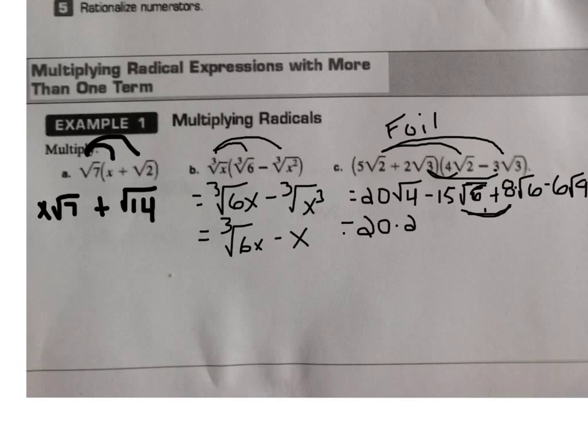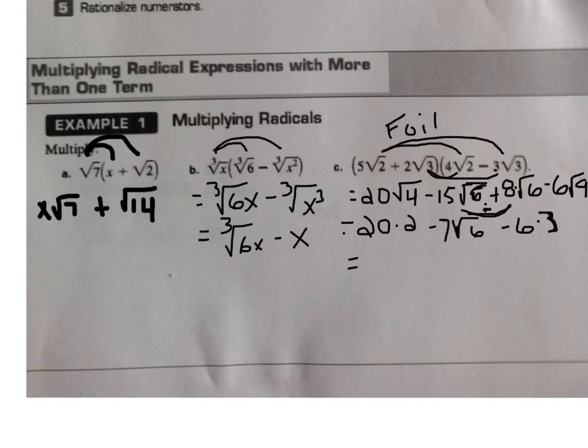That's going to give us minus 7 times the square root of 6. When we add square roots, we don't change the square root. They got to be like square roots, by the way, to add or subtract. And then we got minus 6 times the square root of 9. That's minus 6. And the square root of 9 is 3, so minus 6 times 3.